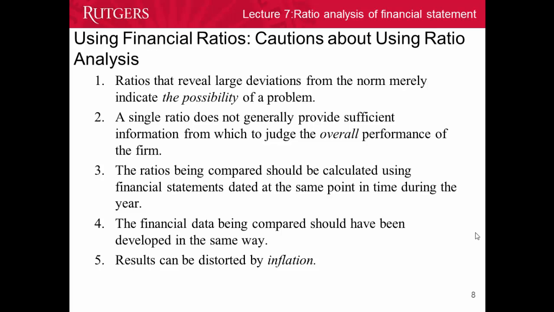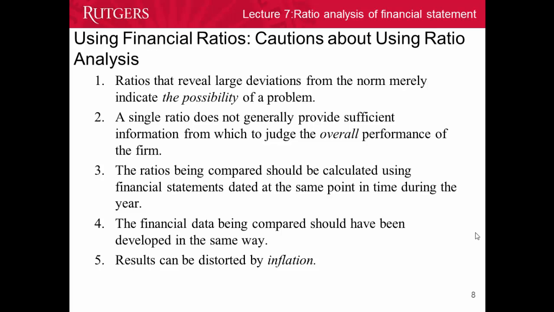When we are using financial ratios, there are a few things that we need to consider. First, ratios that reveal large deviations from the norm merely indicate the possibility of a problem. It does not justify a problem. In most cases, the problem identified in ratio analysis leads auditors to dig deeper into different explanations for that ratio.